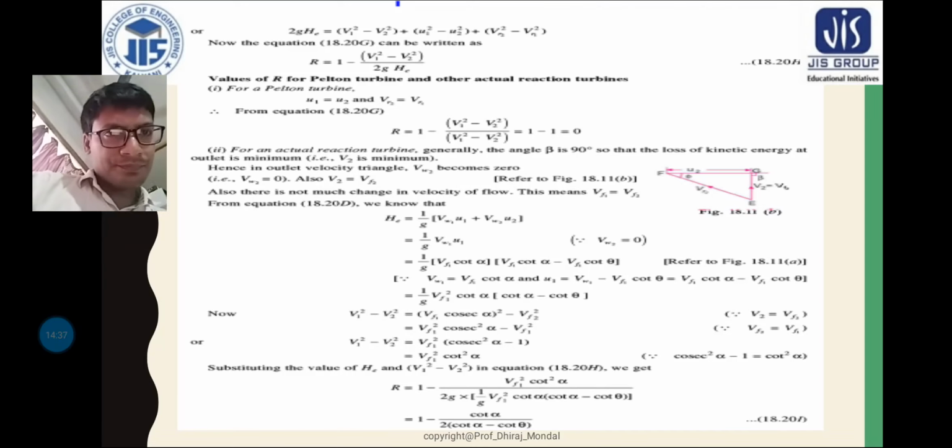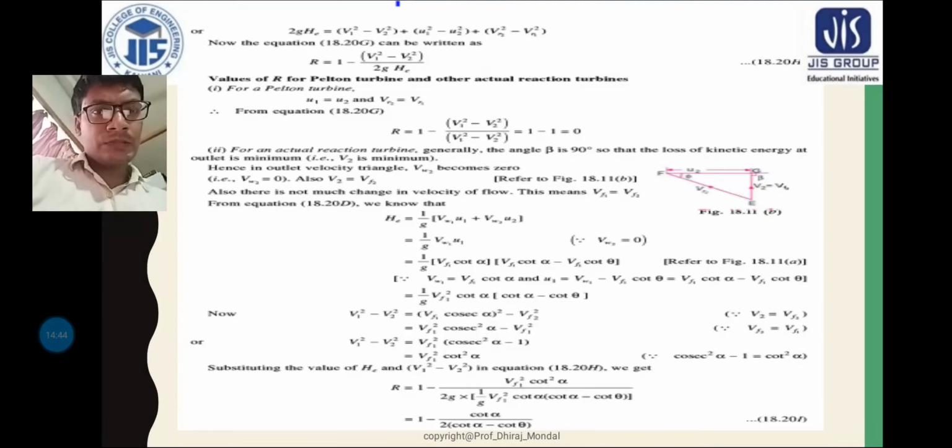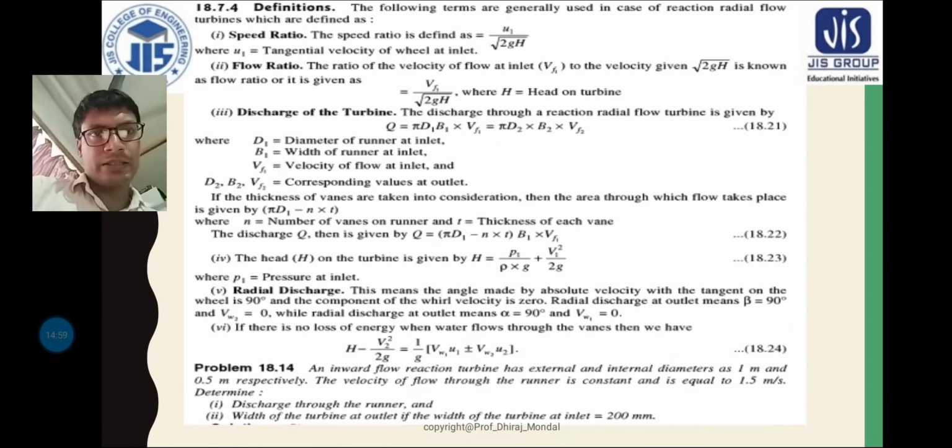And in case of reaction turbine, H is equal to this equation I have seen. After simplifying this equation, we will see that it is 1 minus cot alpha by 2 into (cot alpha minus cot theta) in case of the degree of reaction of a radial flow reaction turbine.